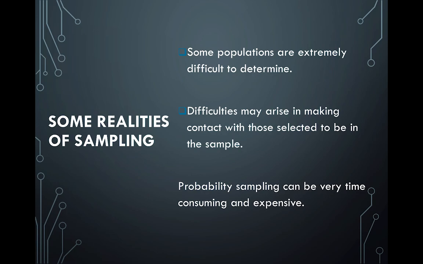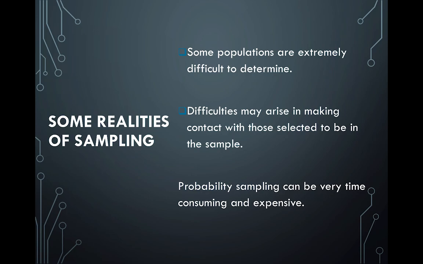We could just go to the registrar, if we were allowed to, if we had the ethical clearance, get a list, and then use some kind of probability or random selection method and come up with a small list of people to work with, informants, or if it's an interview, or respondents for a survey, whatever. But in other cases, probability sampling can be very time-consuming and expensive, so it really depends.